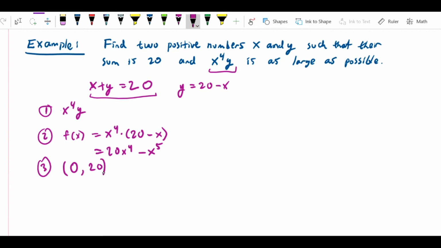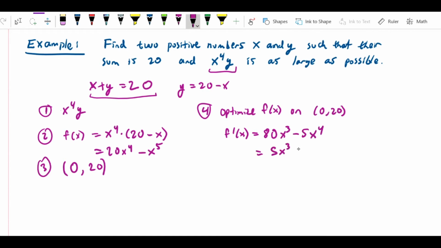A little bit of a complication here is that we can't treat this as a closed interval. So we're going to optimize f of x on the interval 0 to 20, and then separately verify that we've found a maximum instead of a minimum. Let us calculate the derivative of f, which is 80x cubed minus 5x to the fourth.